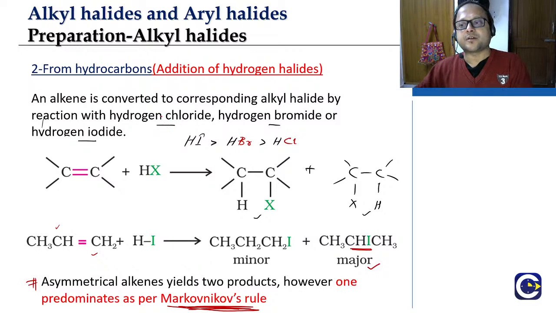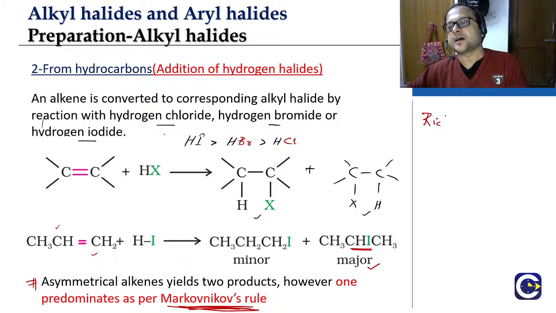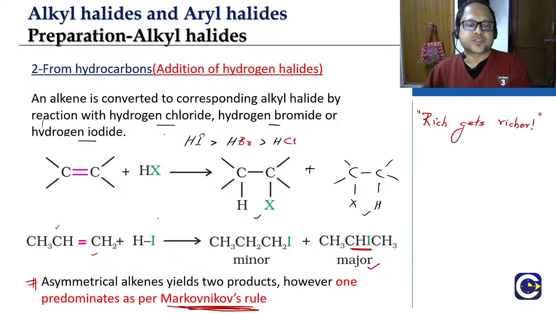For the major part, you can also remember this statement which you might have studied in class 11th also, that is rich gets richer. Remember this, rich gets richer. If you see both the positions, this position has got one hydrogen, this position has got two hydrogens. So out of these two, this position is richer.